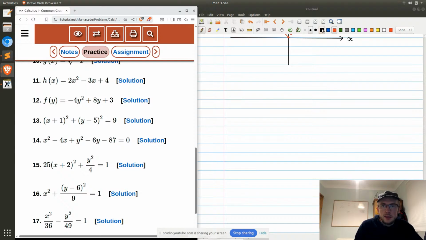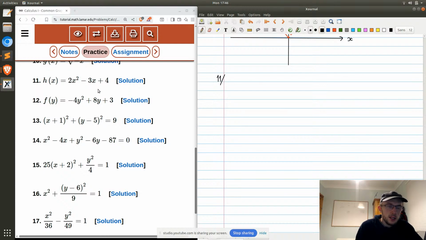Here is a quadratic, not in vertex form, but in standard form. Is it factorable? Well, I don't think so. No, I don't think it is.